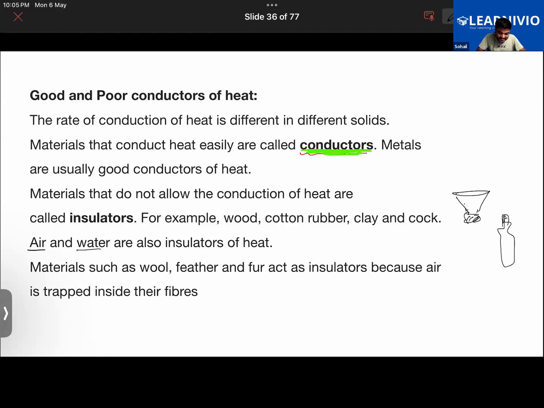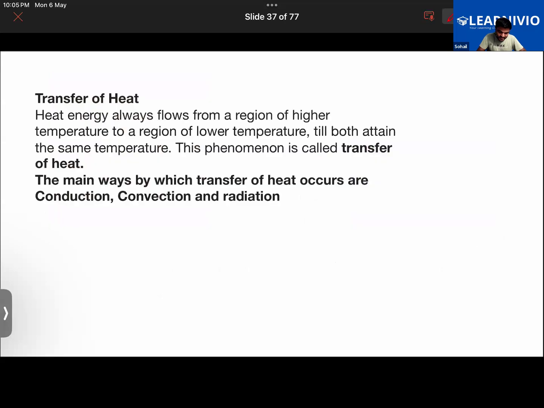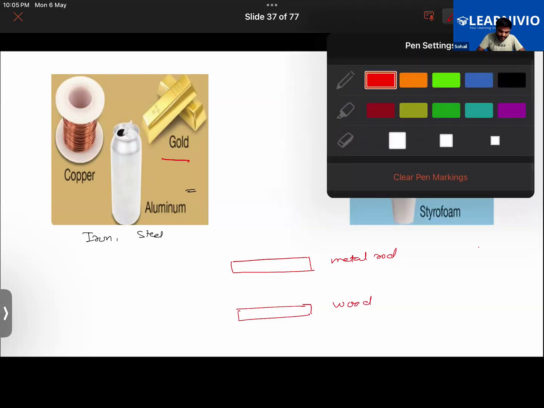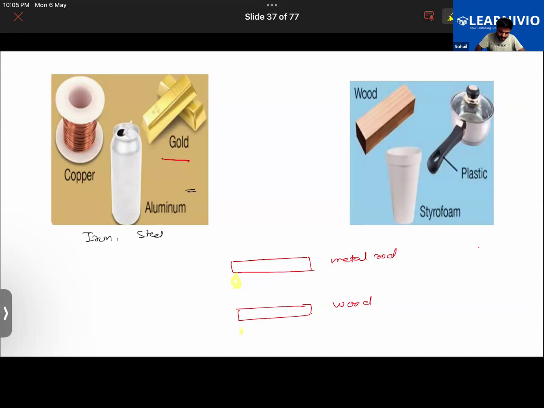Now try to understand this. For example, I have taken a metal rod and I have taken a piece of wood. Now say that both of them are being heated. This one and this one are both being heated.